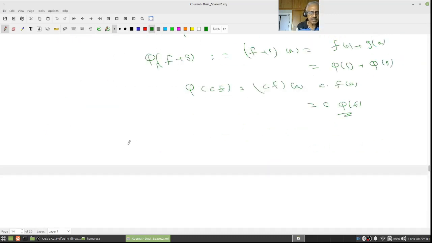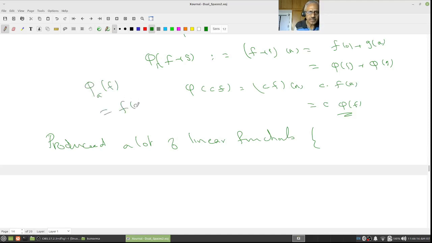Therefore we have produced a lot of linear functionals, namely phi of a. Let me call phi as phi_a. So phi_a of f is f at a, for a in capital X.